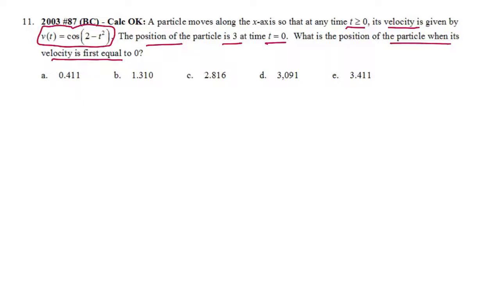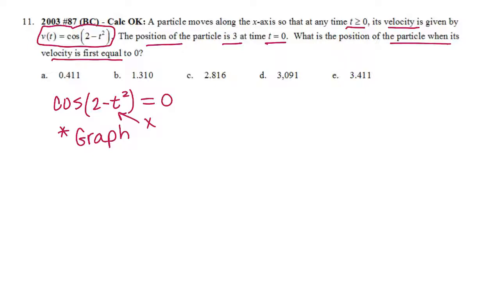So what we need to do is take our velocity function and graph this and see when is the first time it crosses the x-axis here. So since it's calculator, graph it and find that point. When you are graphing, remember to change t to x.